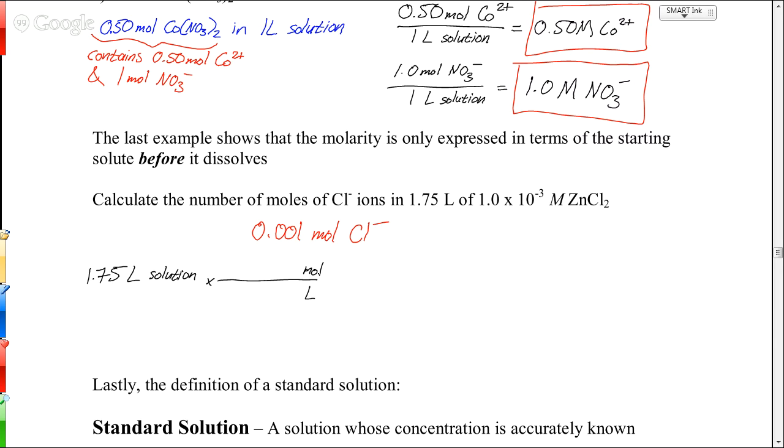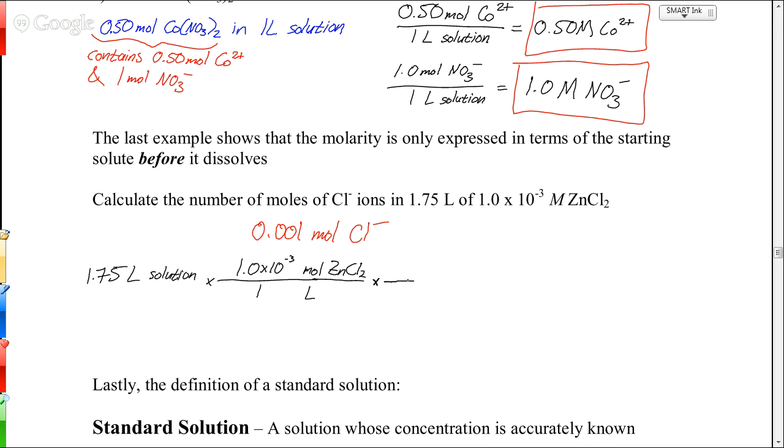We have to be really careful with our units here. Our concentration is 1.0 times 10 to the minus third mole of zinc chloride per liter of solution. You see that?